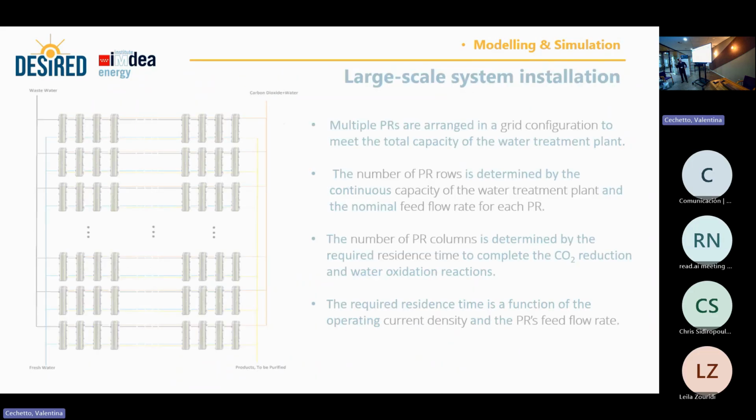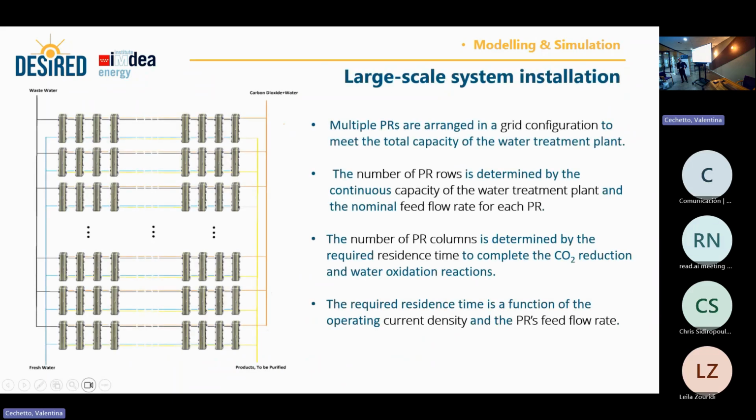Another modeling approach that we applied is for the operation stage. In this case, we are considering implementing these photoelectrochemical reactors in real wastewater treatment plants to treat water and then produce fuel. We are considering a kind of grid configuration, so thousands of these reactors will be installed in this wastewater treatment plant.